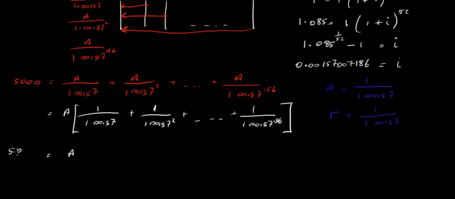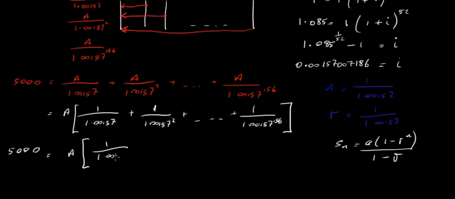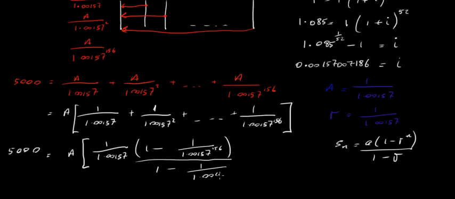So you got 5,000 here, equal to A times, remember the formula here is Sn is equal to A times 1 minus R to the power of n over 1 minus R. So A is 1 over 1.00157 times 1 minus 1 over 1.00157 to the power of n, in this case 156, and all of that is over 1 minus R, and the R here again is 1 over 1.00157.